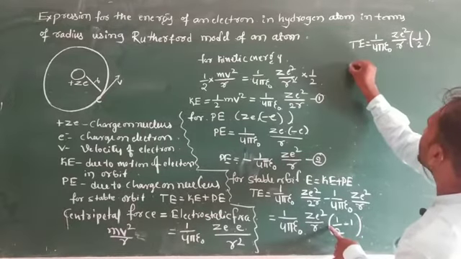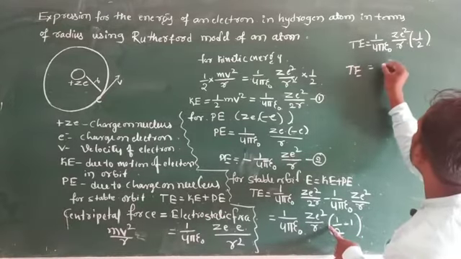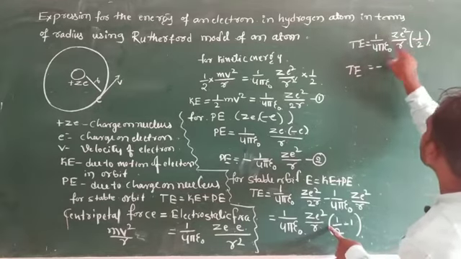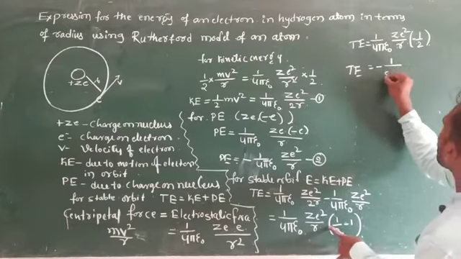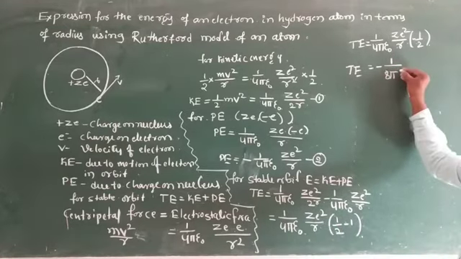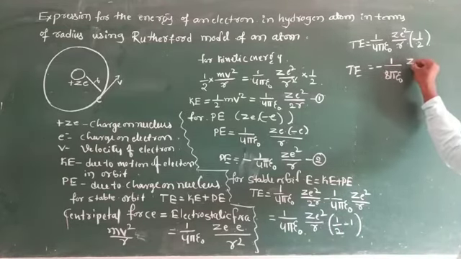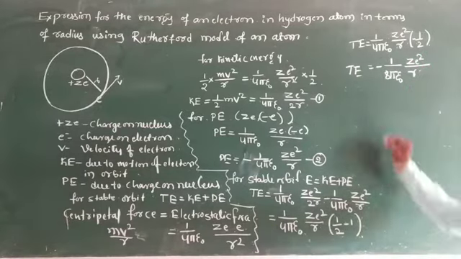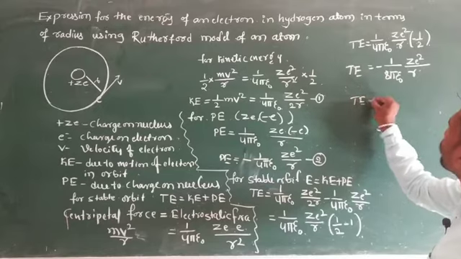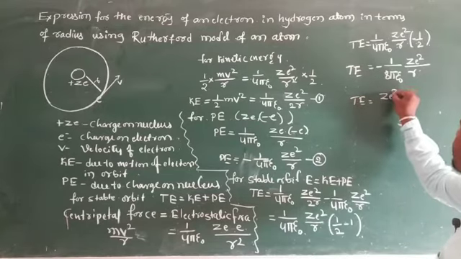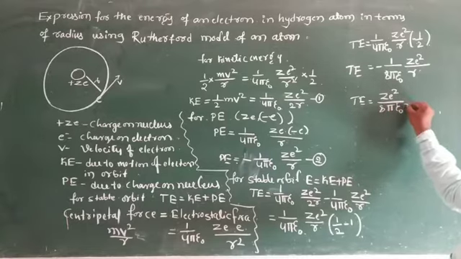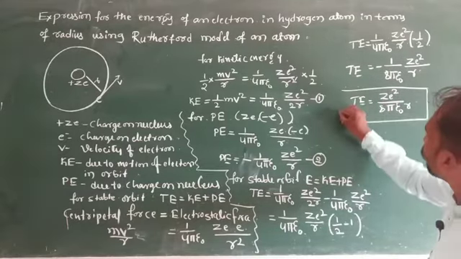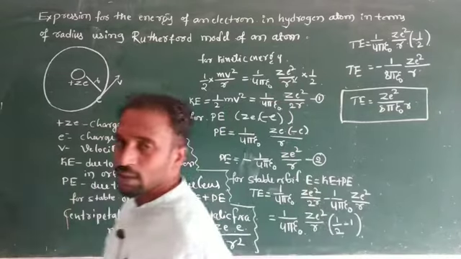So the total energy is equal to minus 1 divided by 2 into 4, that is 8 pi epsilon naught, ZE square divided by R. It means the total energy is equal to minus ZE square divided by 8 pi epsilon naught R. So this one is the total energy for a stable orbit.